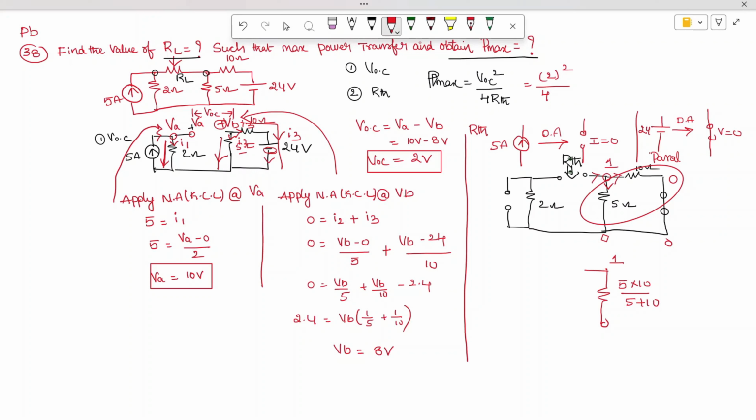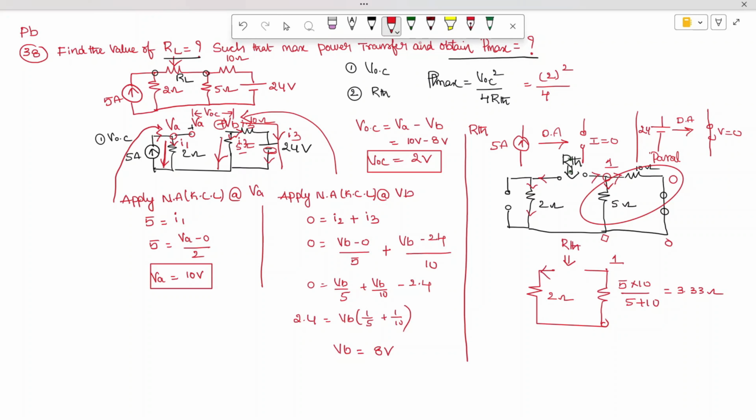And here, current will flow like this, and current will not flow in this branch. The same current will be flowing. Okay. So here we are going to have the 2 ohm resistor. This is 2 ohm resistor, and when you find out this value, you're going to get 3.33 ohms. And from this point we need to find out RThevenin.